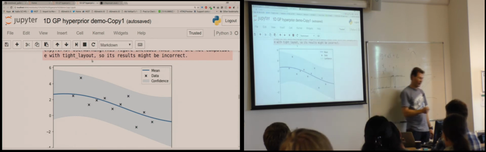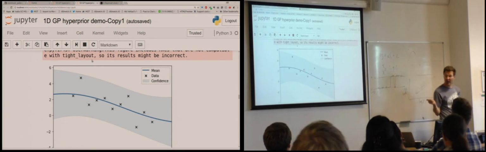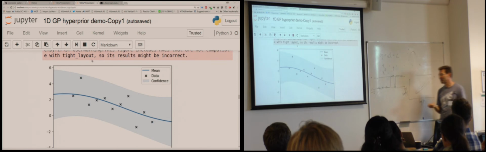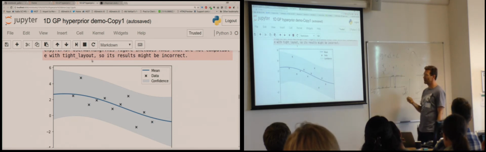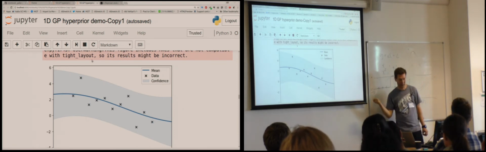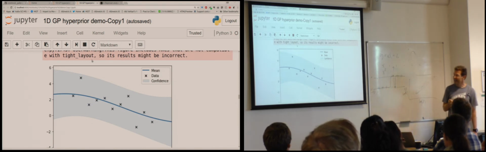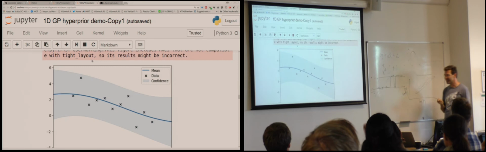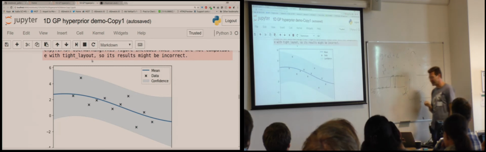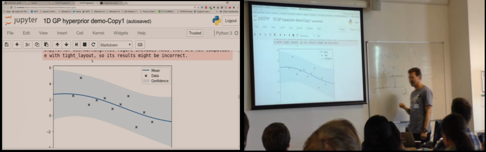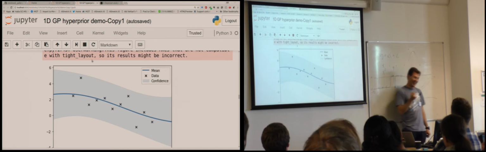In GPy, the Jacobian of that log transformation is also taken into account in optimization. In Stan, currently it's not taking the Jacobian into account when optimizing. It takes it into account when sampling.